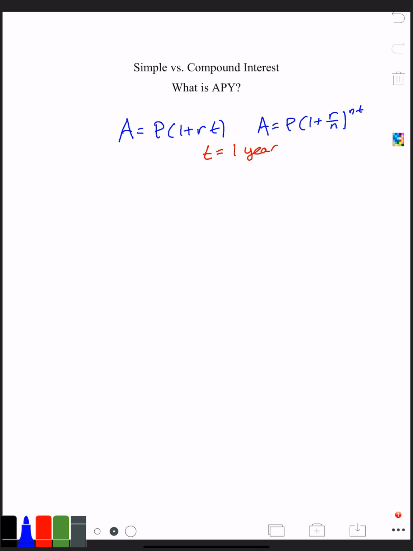But the really important idea here is that we want to know how much is that compound worth? What is the equivalent annual rate for simple interest? Equivalent means we're going to set them equal to each other. So we set the simple formula equal to the compound formula, so that we're saying they get the same answer.